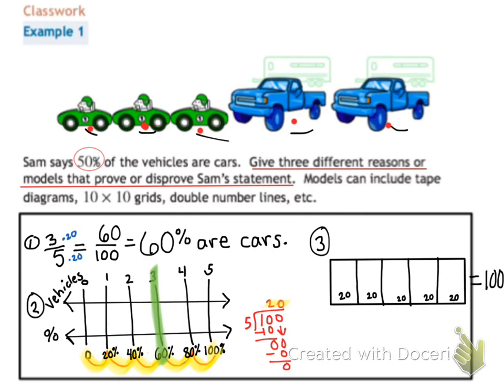I also know that 3 of the units represent cars, and if you shade them in, the shaded area has a value of 60. So, we disproved Sam's statement. He says 50% of the vehicles are cars, and we proved 3 different ways that 60% of the vehicles are cars.